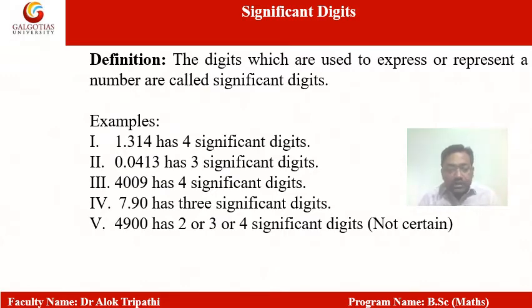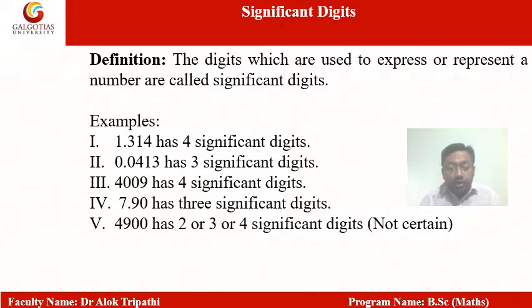Now see the next example. It is 0.0413. This number has 3 significant digits. Why is it so? We are using 0 twice, 4 one time, 1 and 3. So we are using 5 digits here, but we have written that this number has 3 significant digits.